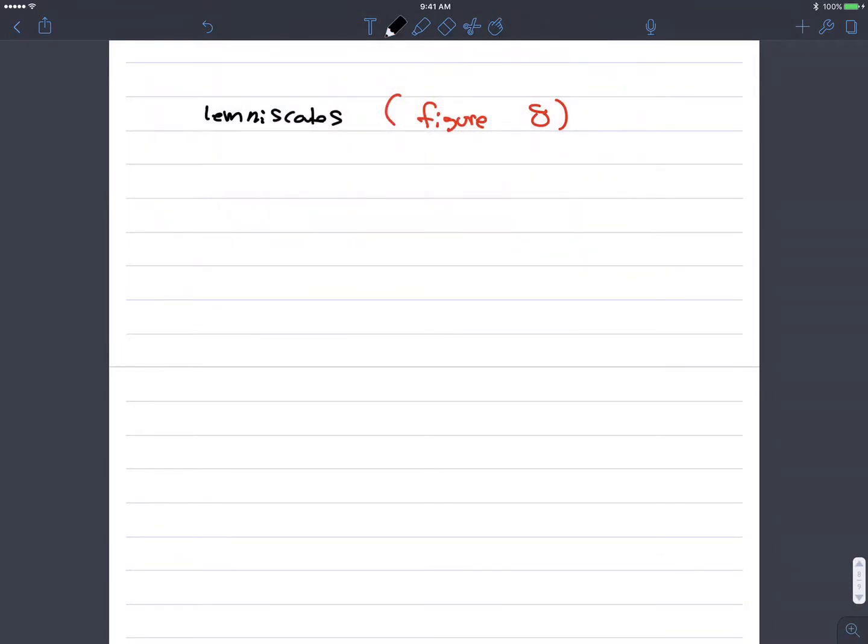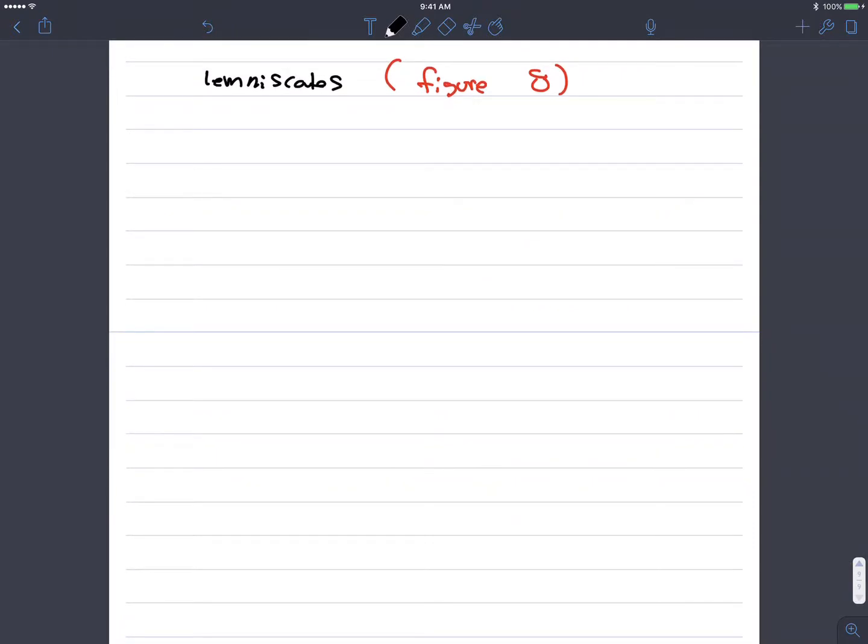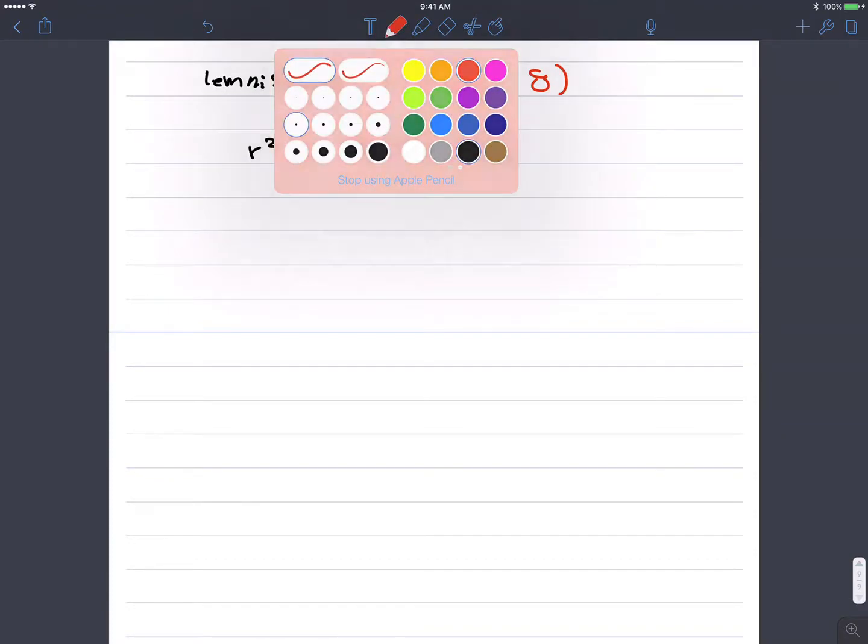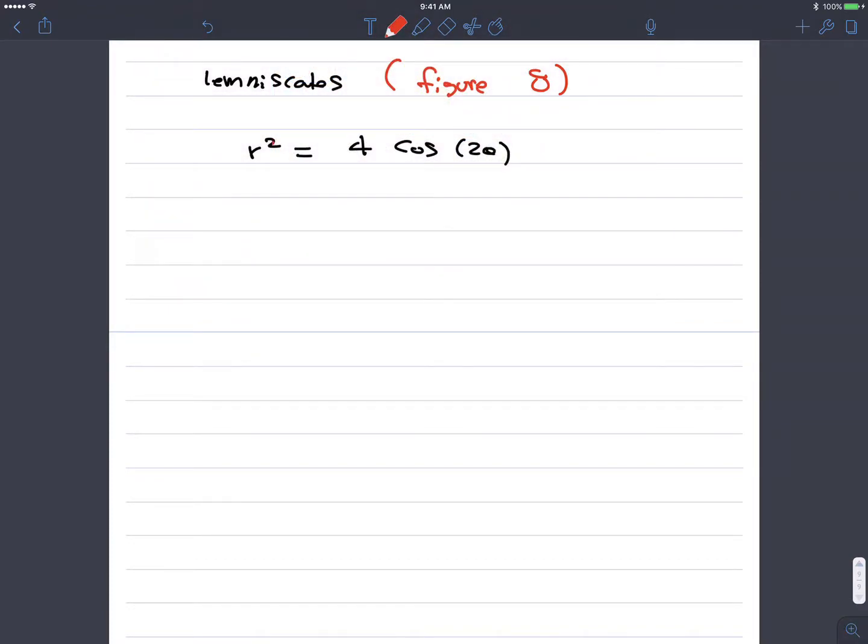So there's some details here to talk about. Let me give you your first example of a lemniscate. R squared will be 4 cosine 2 theta. Now, this is not a rose. Does anybody know why this isn't a rose? You have r squared here.